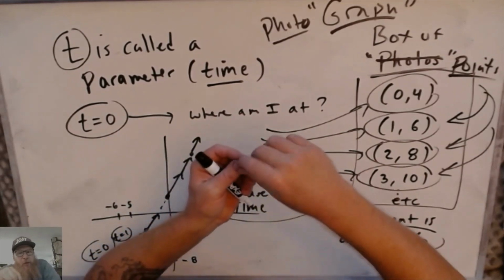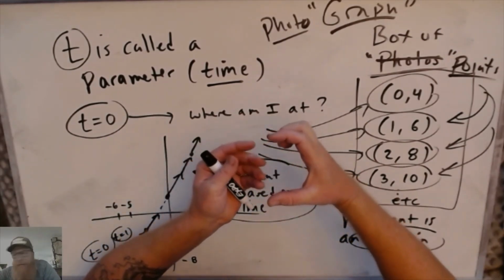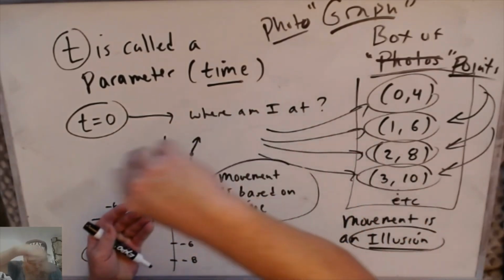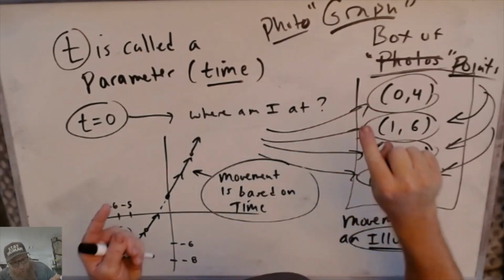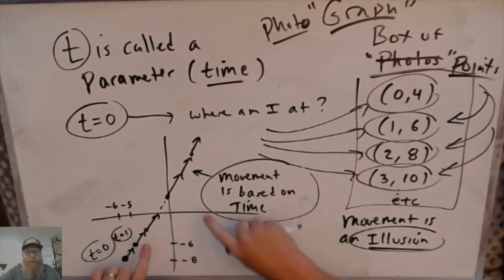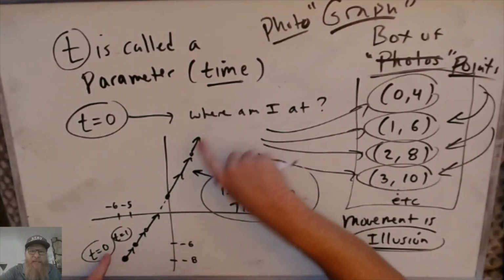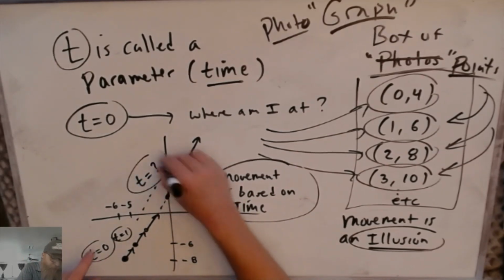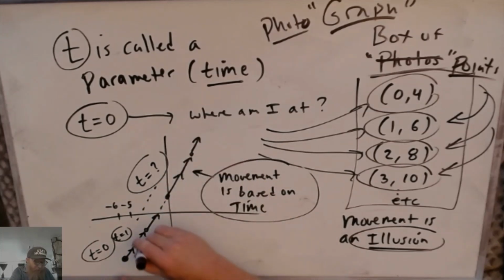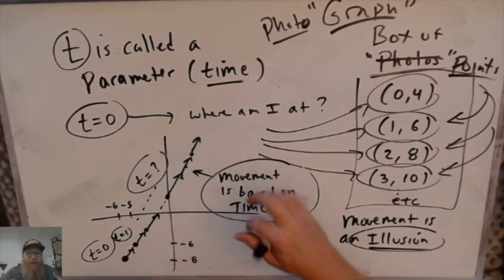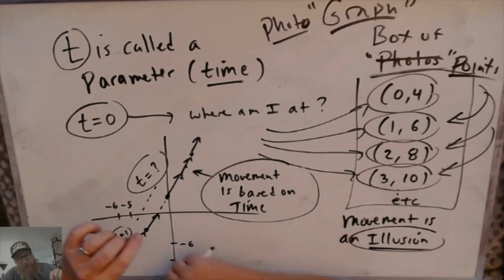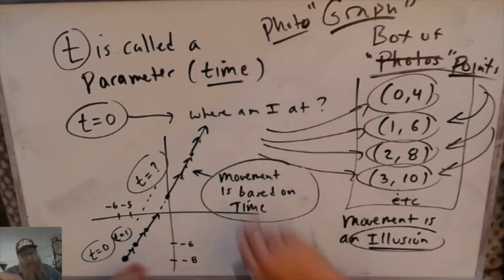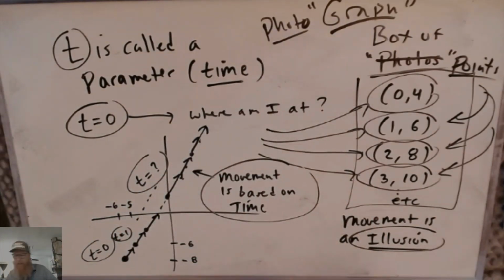Maybe you did this when you were a little kid. You take a pack of sticky notes and you flip through them, and it makes it look like the little man is walking, or sometimes you draw a ball bouncing. But if I put these together with a parameter over time, as t moves through time, I'm not only imagining that the line is moving in a particular direction, but I'm actually generating a line with respect to time.